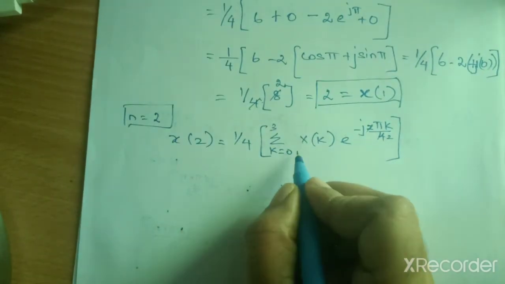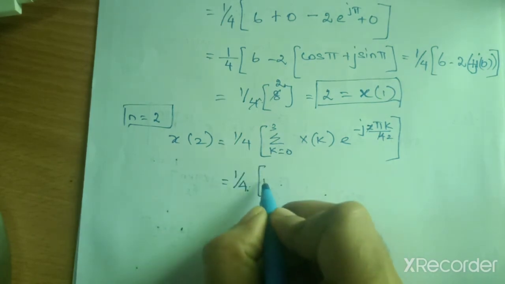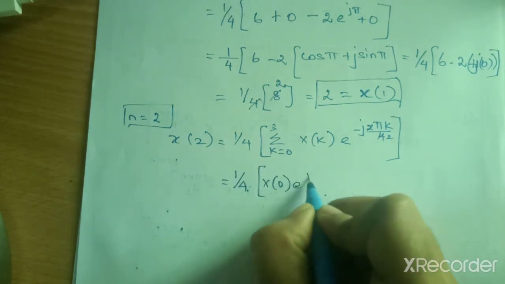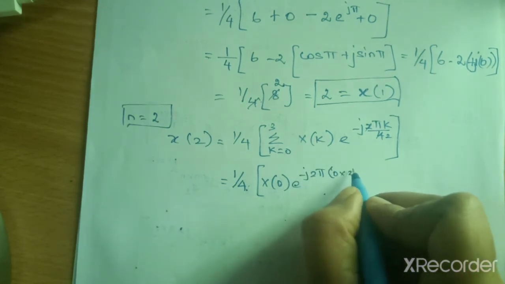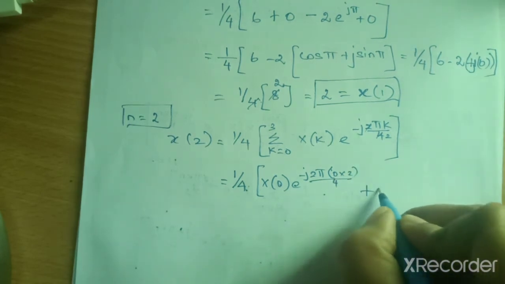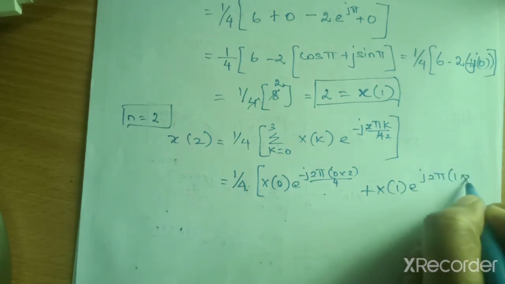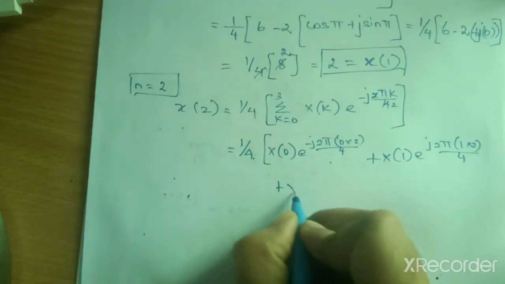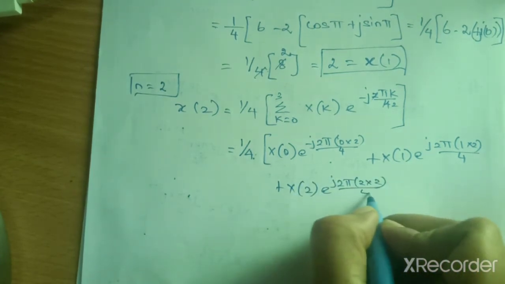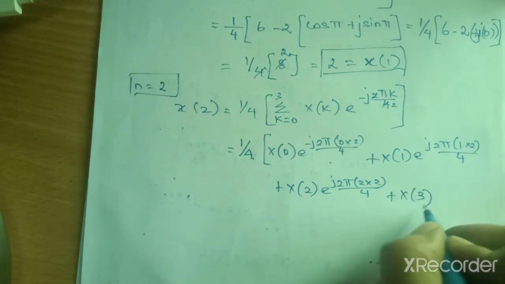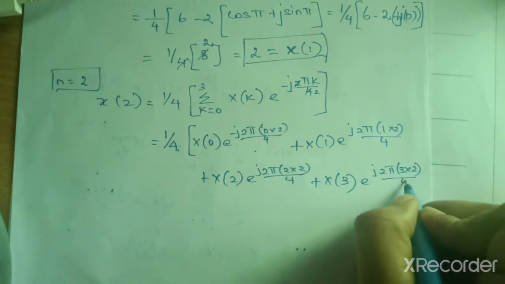Next you have to substitute the value of k in each term. 1 by 4 x of 0 e power j 2 pi 0 into 2 divided by 4 plus x of 1 into e power j 2 pi 1 into 2 divided by 4 plus x of 2 into e power j 2 pi 2 into 2 divided by 4 plus x of 3 into e power j 2 pi 3 into 2 divided by 4.